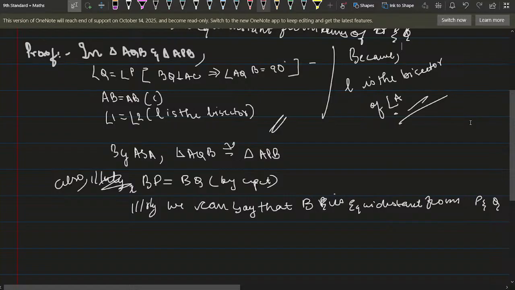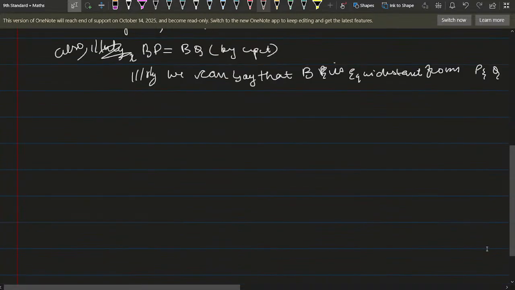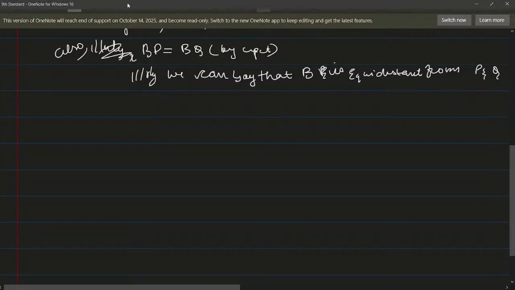Next question, another important one. There is a little bit to do. I'll draw the figure first.